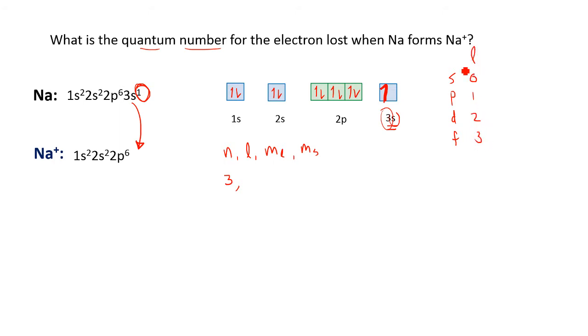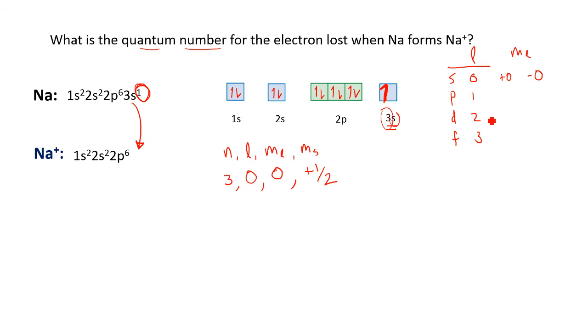These are my L's, right? So my L for S is 0. Because my room, M sub L, is bounded +0 to -0, that's just 0, right? There's no number in between +0 and -0, so he's just 0. And my spin in this case, I've placed him going in the up direction following Hund's rule, and so I know that I have a +1/2.